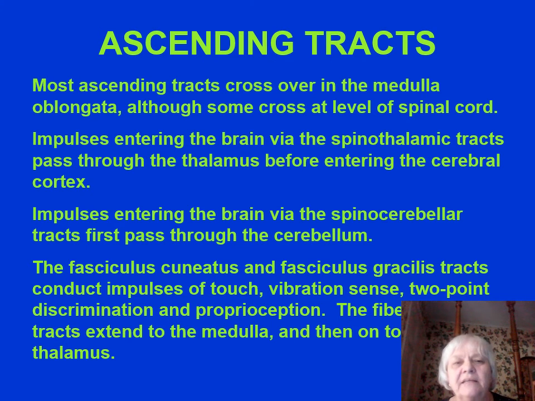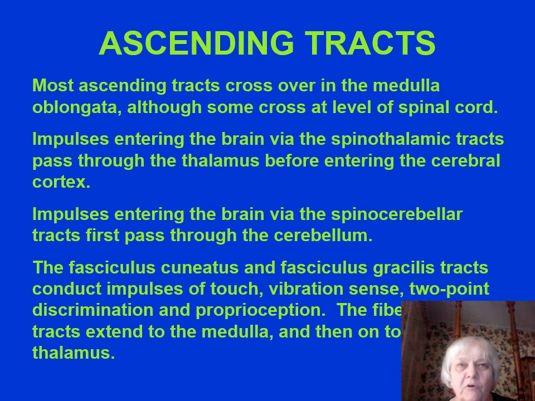Now let's look at ascending tracts. Most ascending tracts do cross over in the medulla. The names of those, remember, one was spinocerebellar. The spinocerebellar tract begins in the spinal cord. It ends in the cerebellum. And they are informing the cerebellum of what's going on with your muscles.